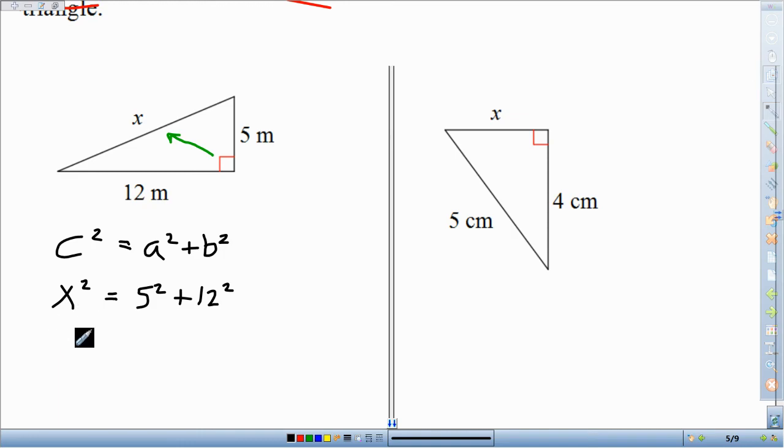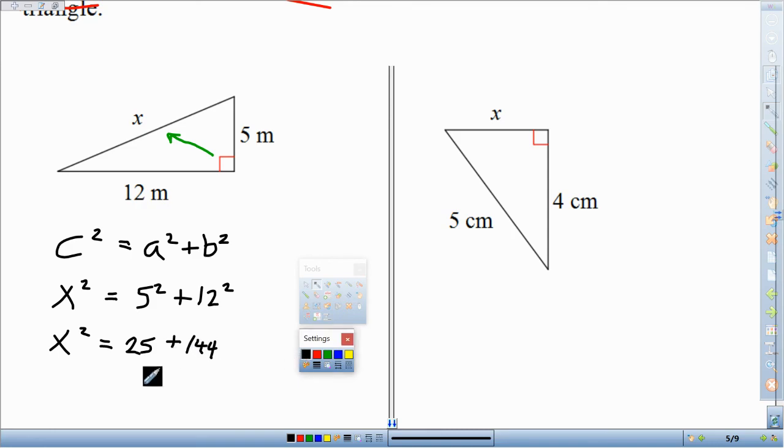On this one here, not a whole lot to do yet. We just need to square these numbers. So 5 squared is 25, 12 squared is 144. Going down, we have x squared equals 25 plus 144. I'm getting 169.